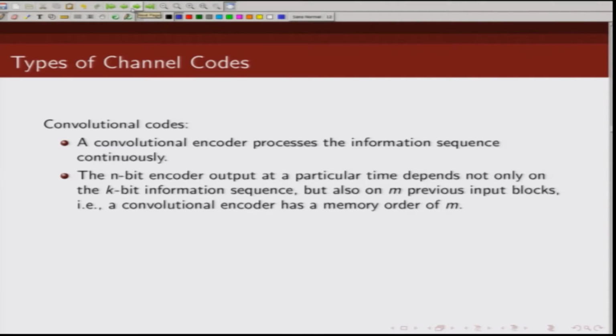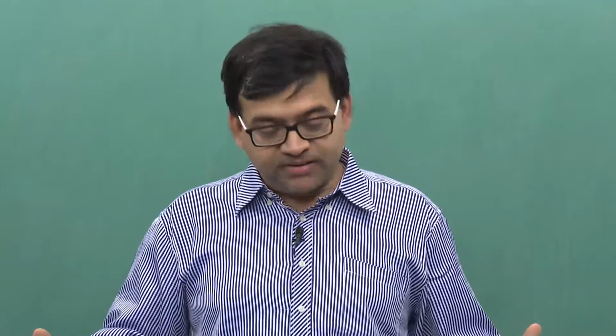So, if we have an (n,k) convolutional code where k is the number of information bits, n is the number of coded bits, we have another parameter which we call memory order, which signifies basically how many past bits, or what is the past information that has been used to generate the current output.